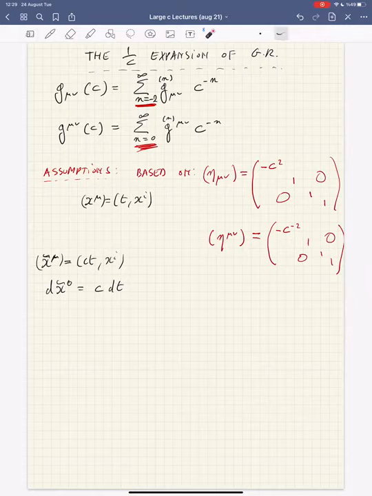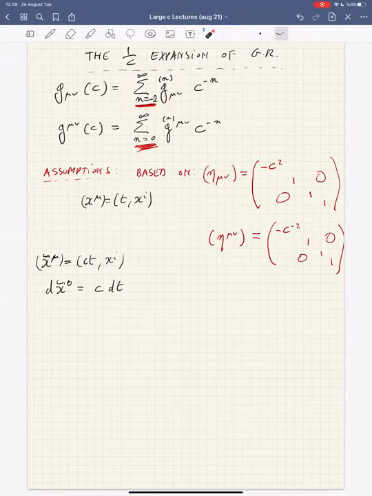The point is that if you want to work with an actual time, automatically dt will come with an actual c, and so that gives you the c squared here. So the time direction will come with a c squared, and that explains why I make this assumption on my expansion.